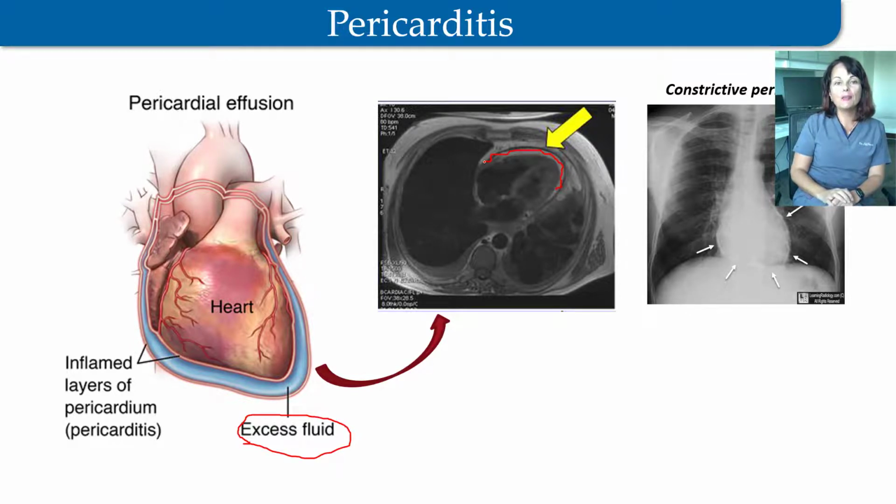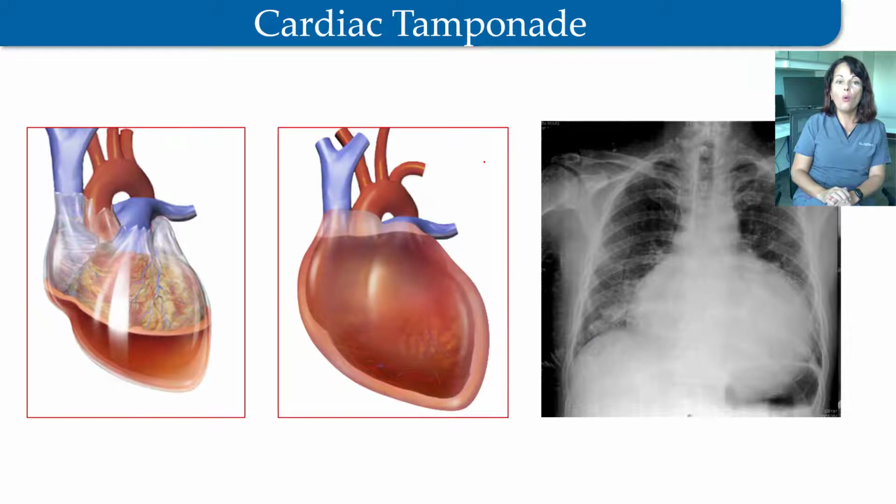Non-inflammatory pericardial effusions often occur with congestive heart failure. Large effusions or effusions that accumulate rapidly can compress the heart in a condition known as cardiac tamponade, causing breathlessness and potentially fatal low blood pressure.